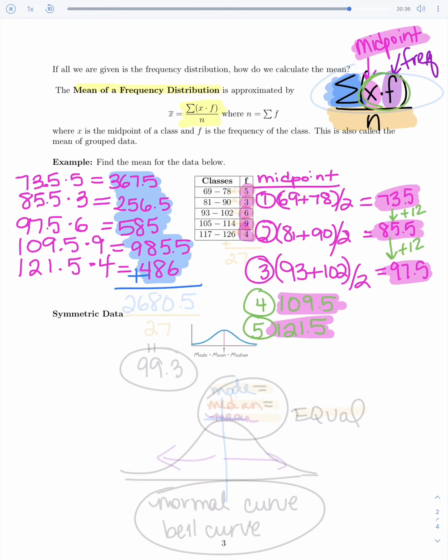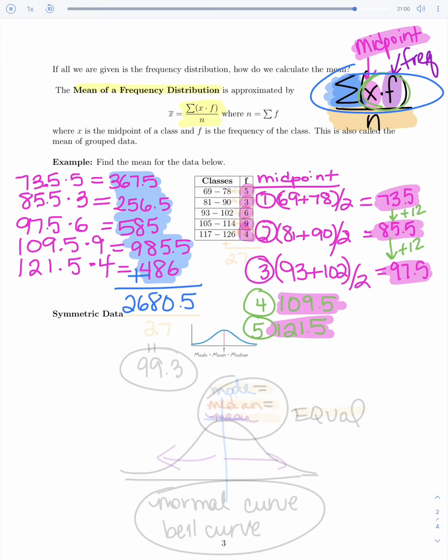So the 367.5 plus the 256.5 plus the 585 plus the 985.5 plus 486 gives us 2,680.5. Be careful, that is your entire top number.